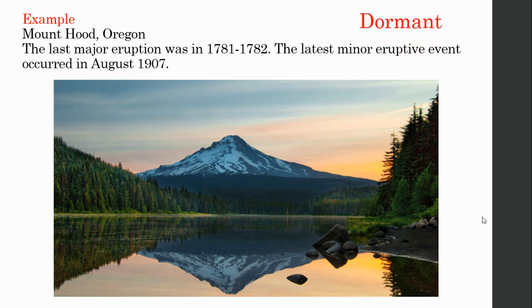Well done if you said it was dormant. It's been over 100 years since the last eruption. There's not been a major eruption for about 250, 300 years. So it's classified as dormant. Let's move on. I'm going to show you 4. I want you to say whether it should be classified as active, dormant, or extinct.